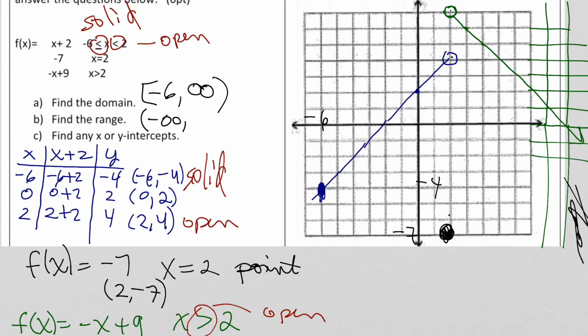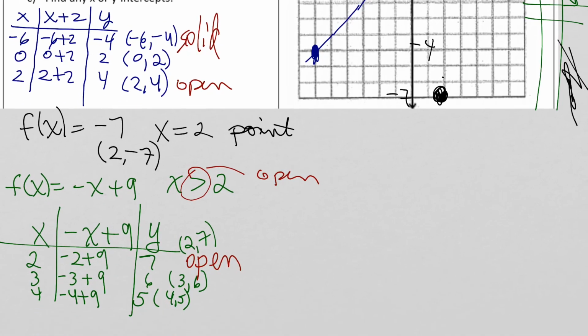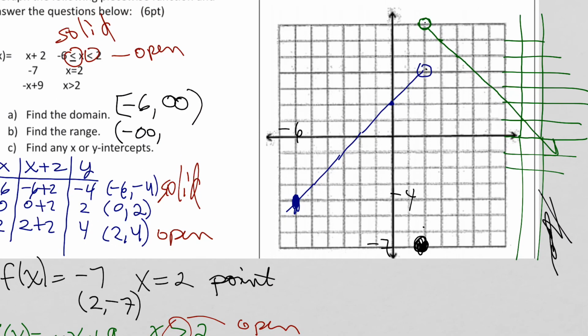And what's the highest y, the range? That one definitely has an answer here. It's looking like it's all the way up to the top, right over here, which was at 7. So -infinity to 7, that has a parentheses because it's an open circle there. So be careful about those domain and range. That was a difficult one.